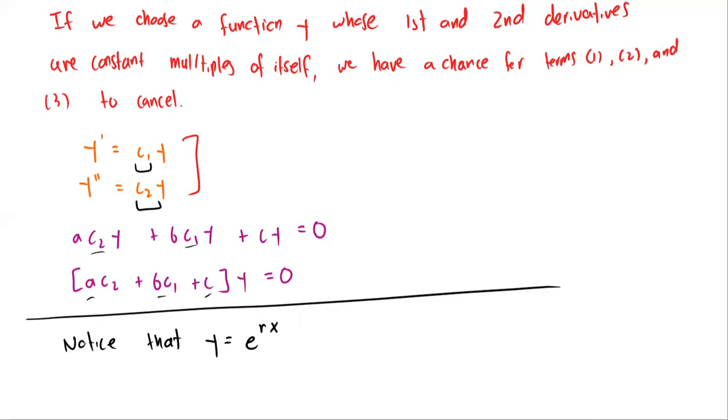So instead of just choosing y to be e to the x, I'm going to add a constant r in front, so that when I take the derivative, I get constants in front of y.